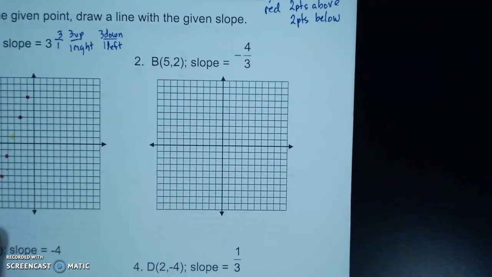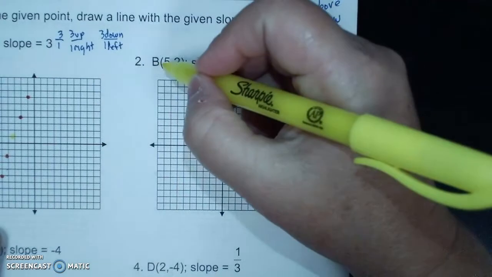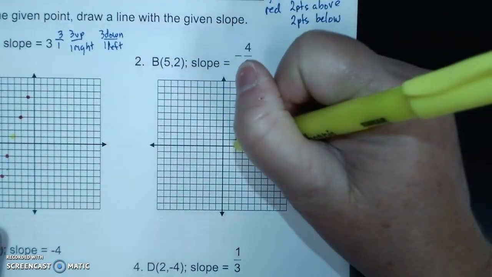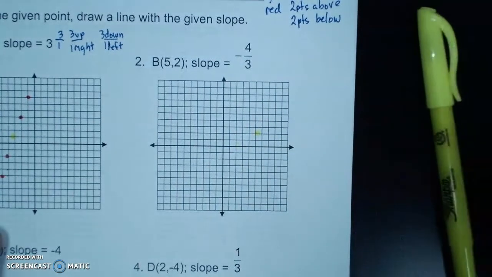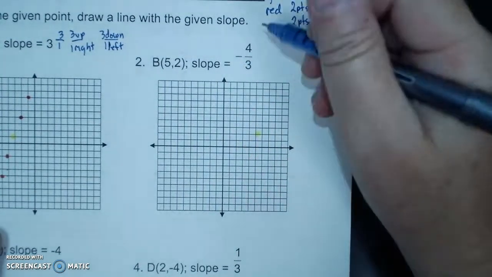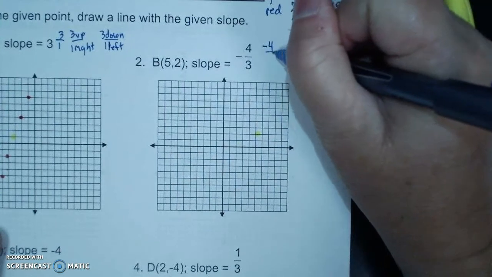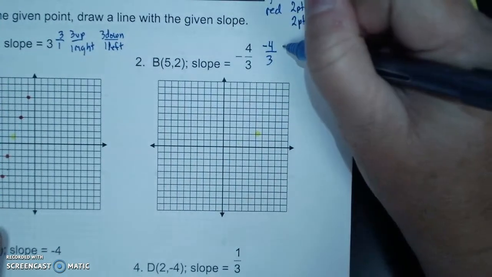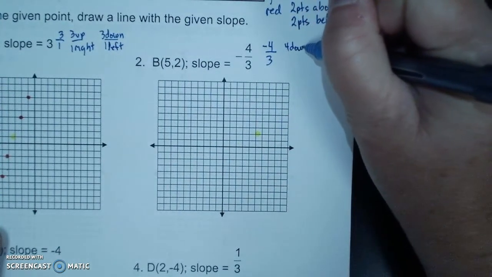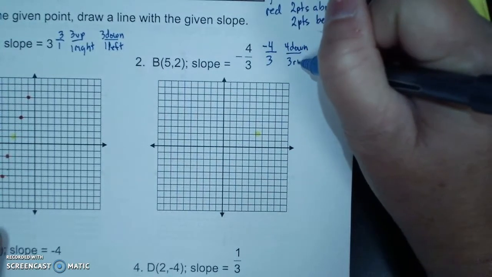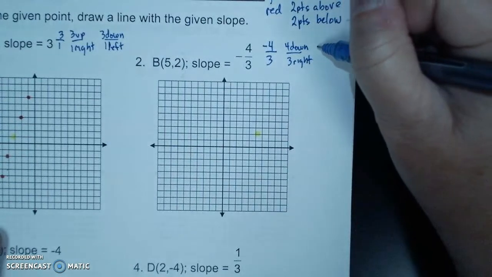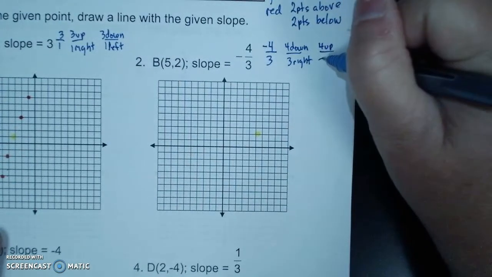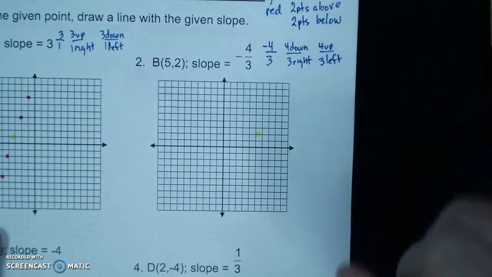The first placement is 5, 2. Now this negative I'm going to put up top first, and that would be 4 down, 3 right, and the reverse direction would be 4 up, 3 left.